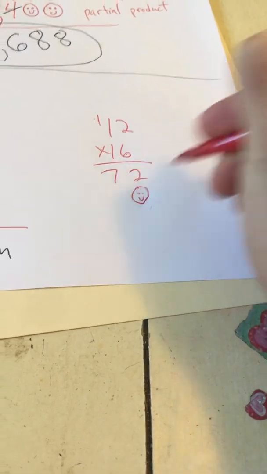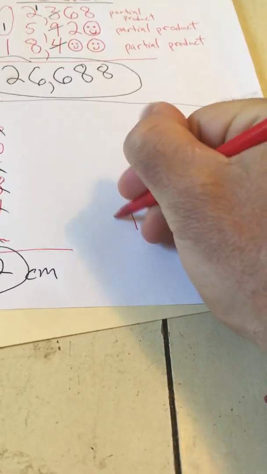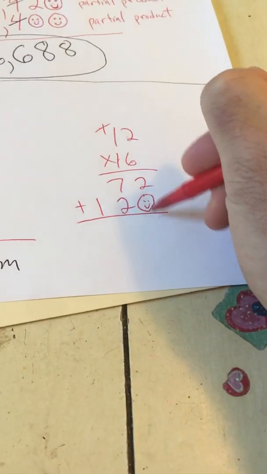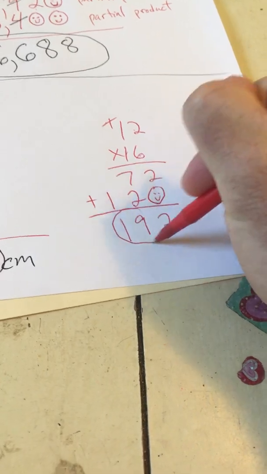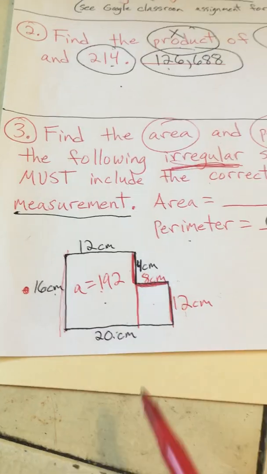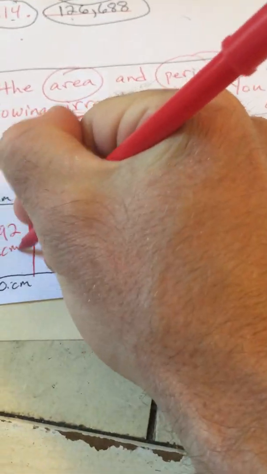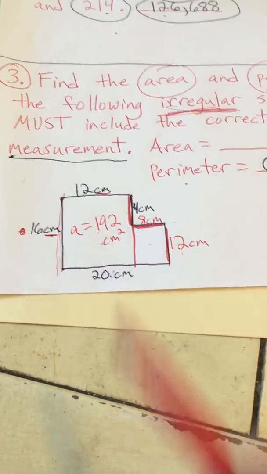Hold that ones place with the 0. 1 times 2 is 2, and 1 times 1 is 1. Okay, 192. So that's not the final answer. That's this big rectangle here, 192 centimeters squared, because we did centimeters times centimeters. That's how you get centimeters squared.